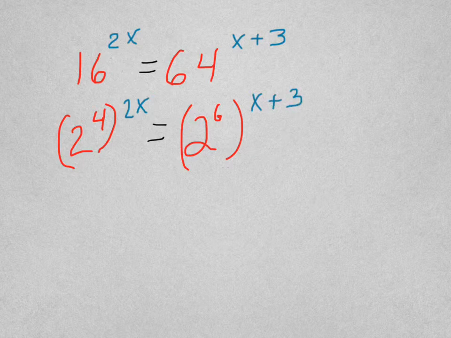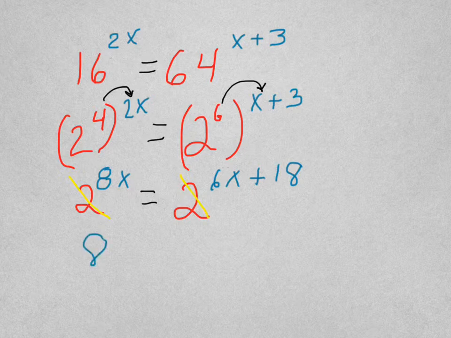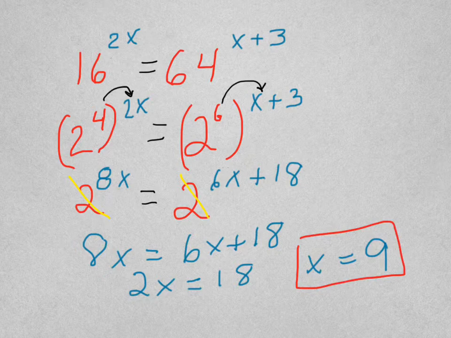We multiply our exponents together, giving us 2 to the 8x is equal to 2 to the 6x plus 18. Our bases cancel, giving us 8x is equal to 6x plus 18, and then we subtract 6x from each side, giving us 2x is equal to 18, and therefore x is equal to 9.